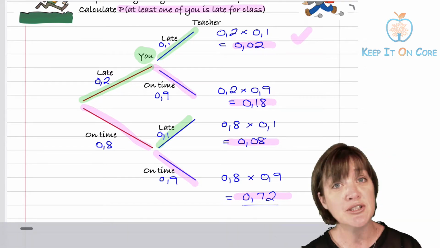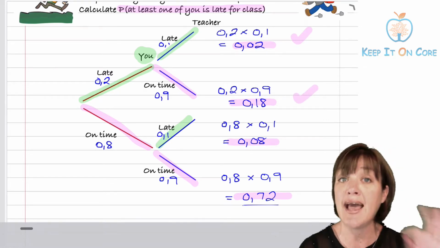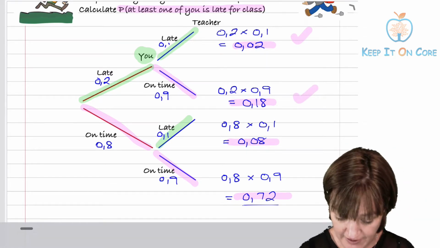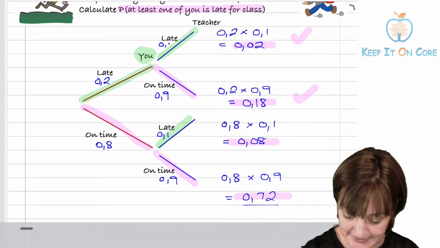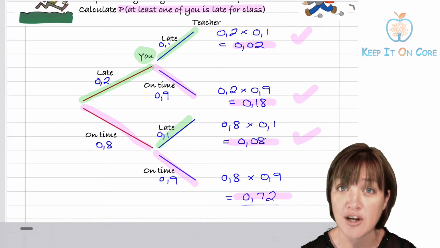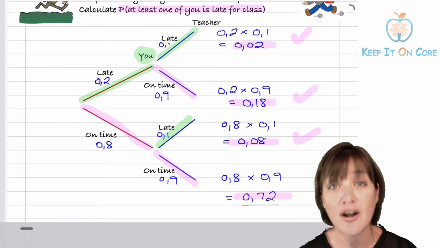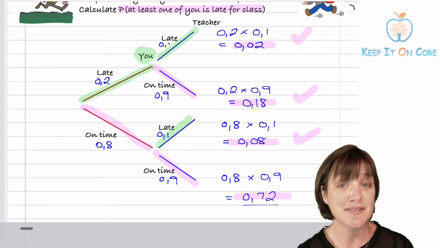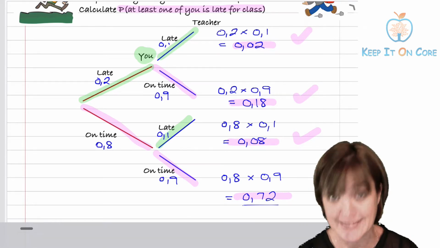If you are late but your teacher's on time, well, that would be one of the solutions we're looking for, because at least one of you were late for class. However, if you were on time but your teacher was late, still one of you is late for class. And the last scenario is that you are both on time, in which case we're not looking at that probability because neither of you are actually late for class at that stage.